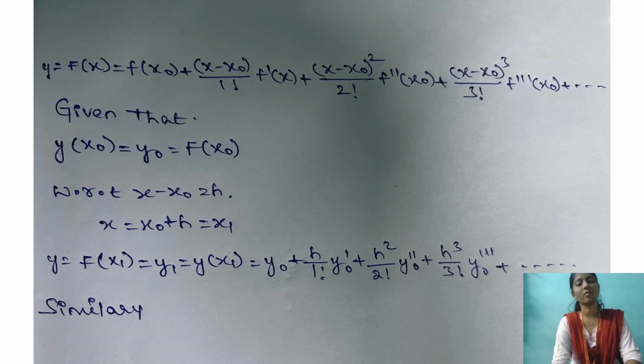Y equals f of x1 equals y1 equals y of x1 equals y naught plus h by 1 factorial y naught dash plus h square by 2 factorial y naught double dash plus h cube by 3 factorial y naught triple dash.